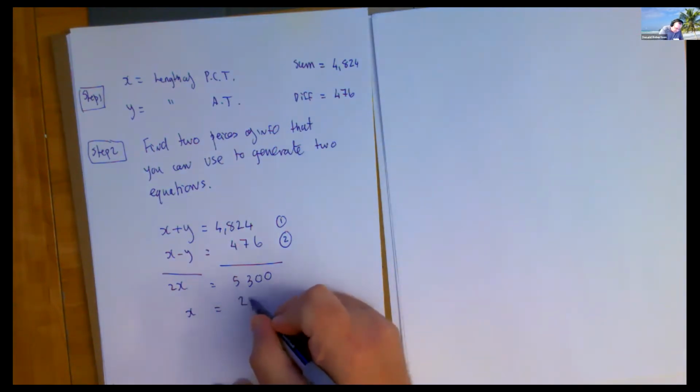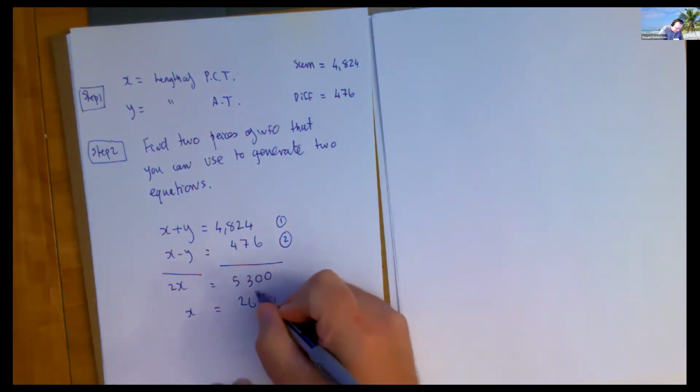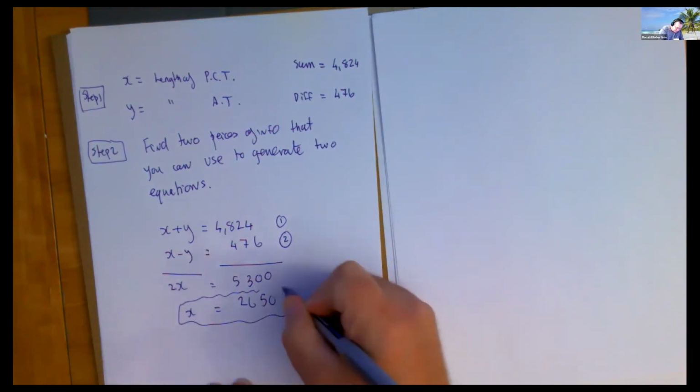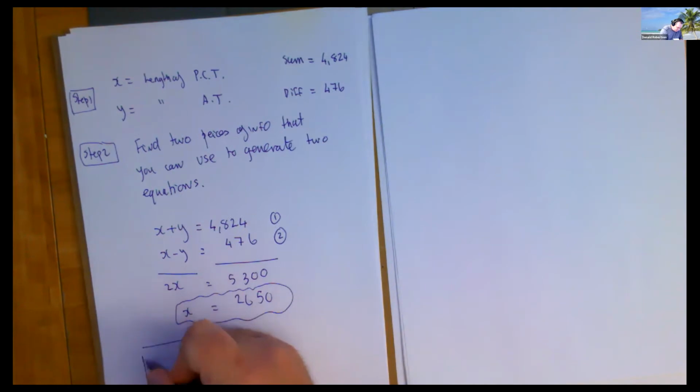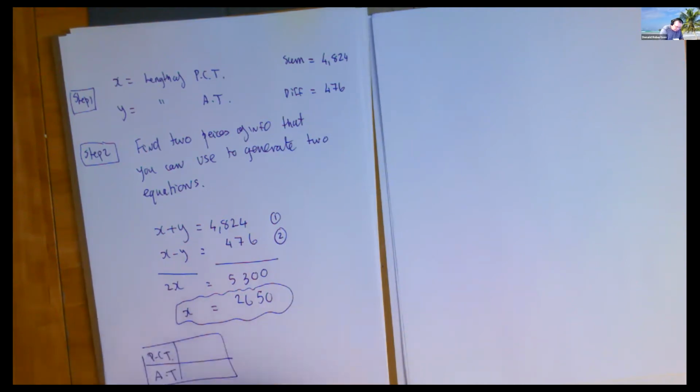And then you're going to get 2650, and I'm going to put a kind of little bubble around that. And in the solution, they had the PCT one here and the Appalachian Trail here. You type in 2650.